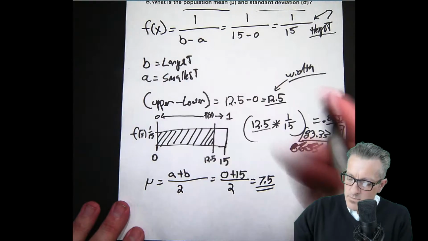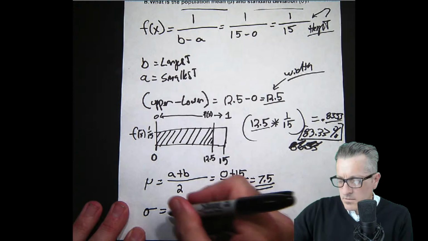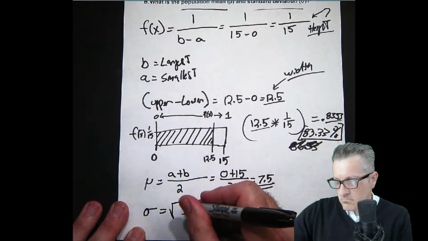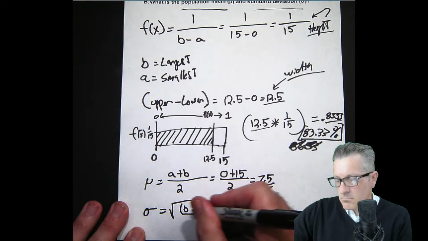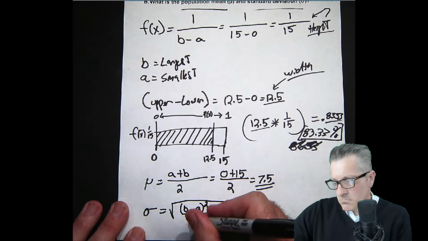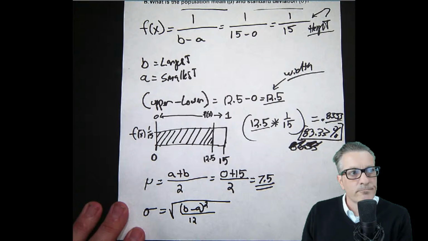Then our standard deviation is the square root of b minus a, squared, over 12.